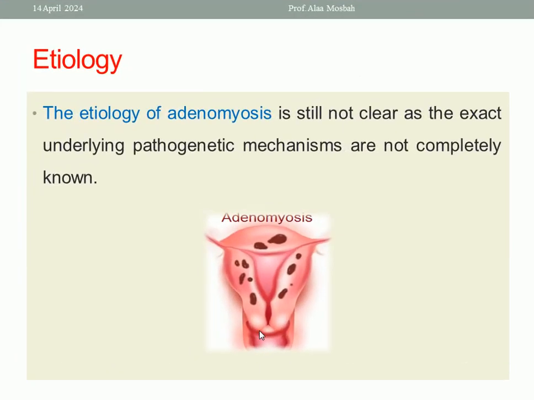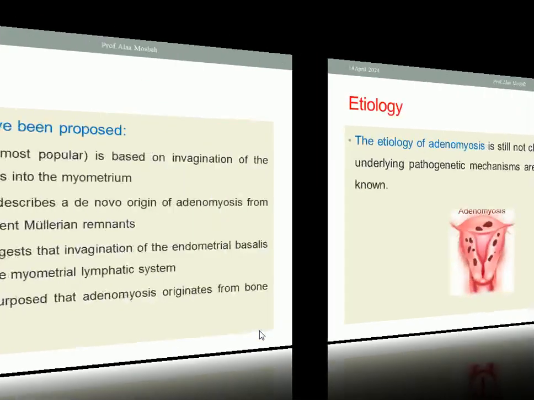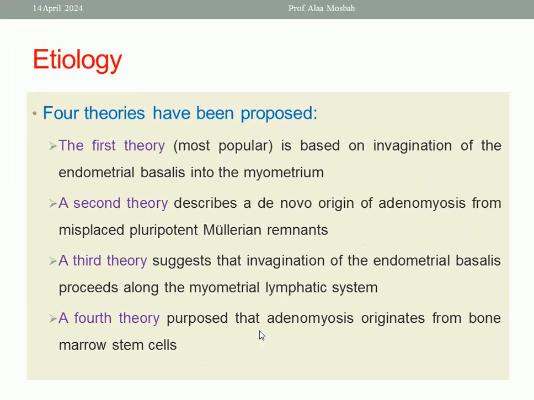What about the etiology? The etiology of adenomyosis is still not clear, as the exact underlying pathogenetic mechanisms are not completely known. However, we have four theories trying to explain why adenomyosis happens.